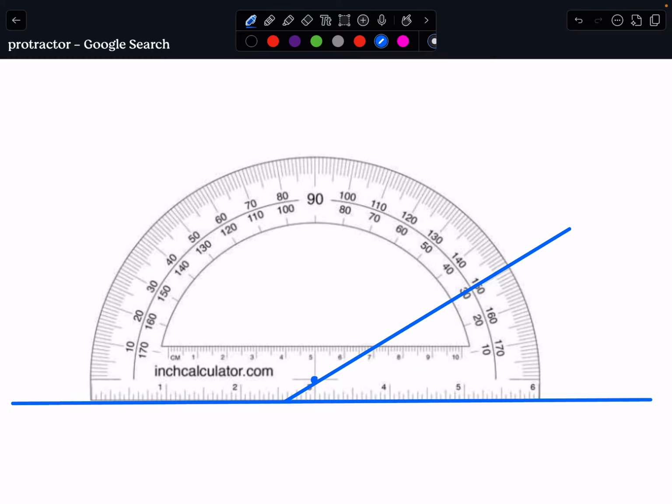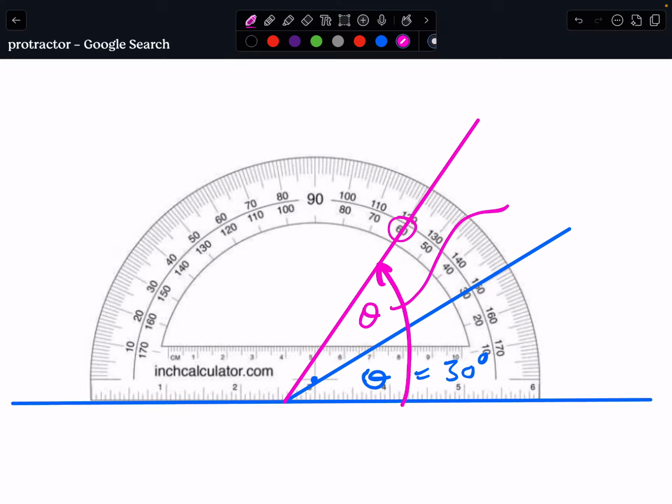And you'll see here, the angle is 30 degrees. So there's a ramp, and it's angled at 30 degrees. We could make another one a little bit steeper if you want to. There's a ramp, and this angle, theta, from here to here, it's 60 degrees.